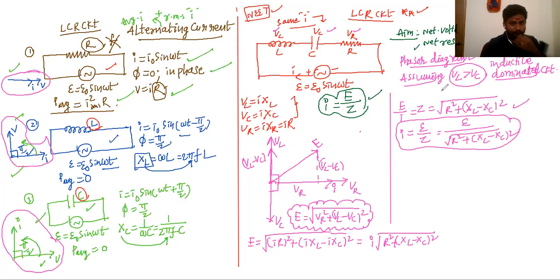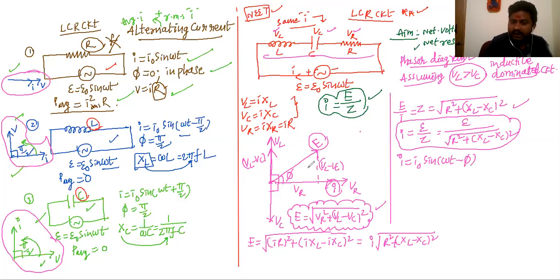And this is the net potential across the LCR circuit, right? And there is an angle here, which is called phi. What is this phi angle? Phi is the phase difference between E and I. E is the net EMF of this LCR circuit, and I is the current. So I can write I equals I naught sine omega t minus phi.